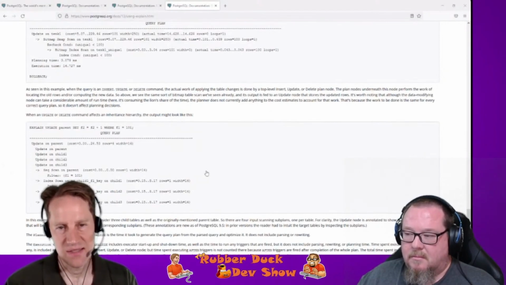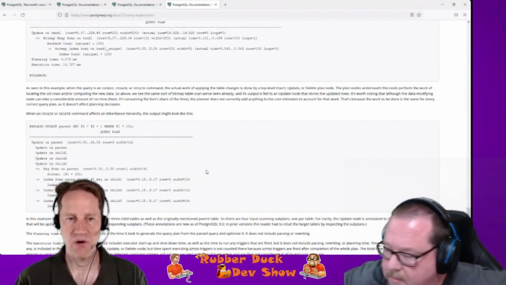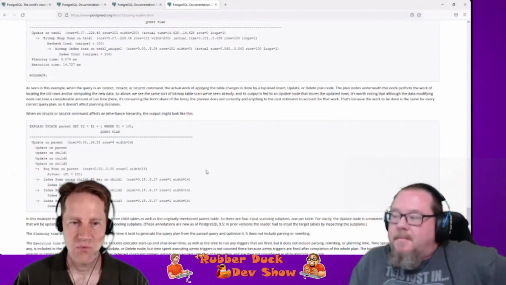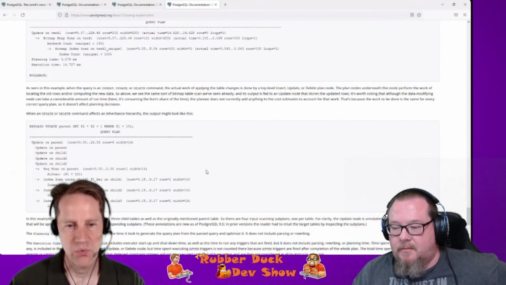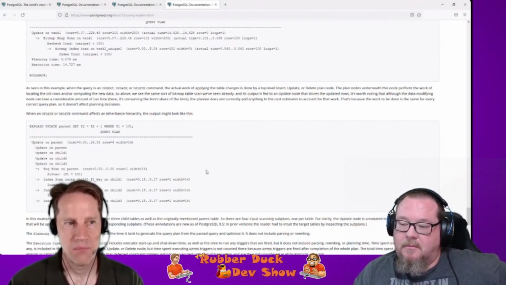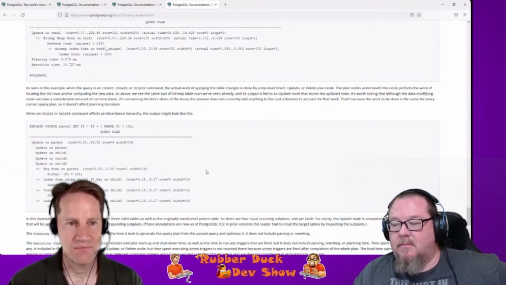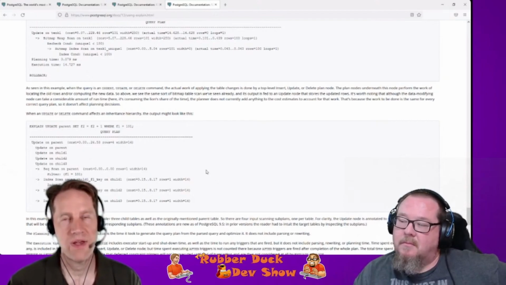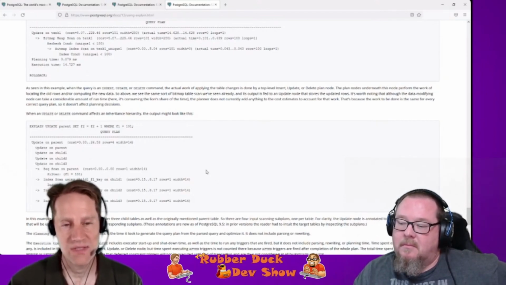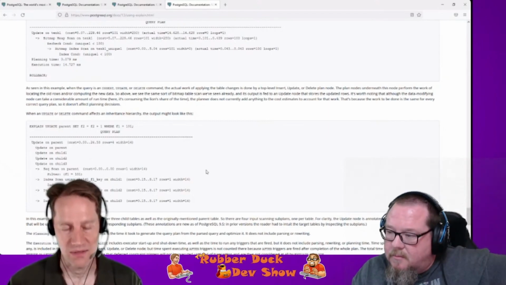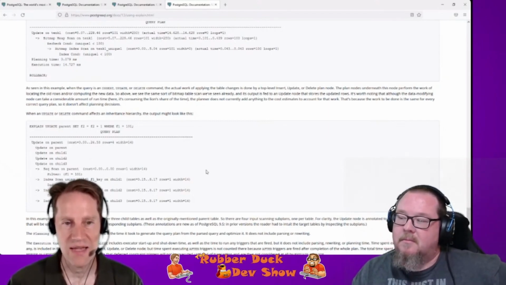Other types of indexes that you should take into account are partial indexes. And what that is, you're only going to index part of the data set. One area where I particularly like partial indexes, exactly what you were saying, is a Boolean. If you have a Boolean field, it's hard to index that.